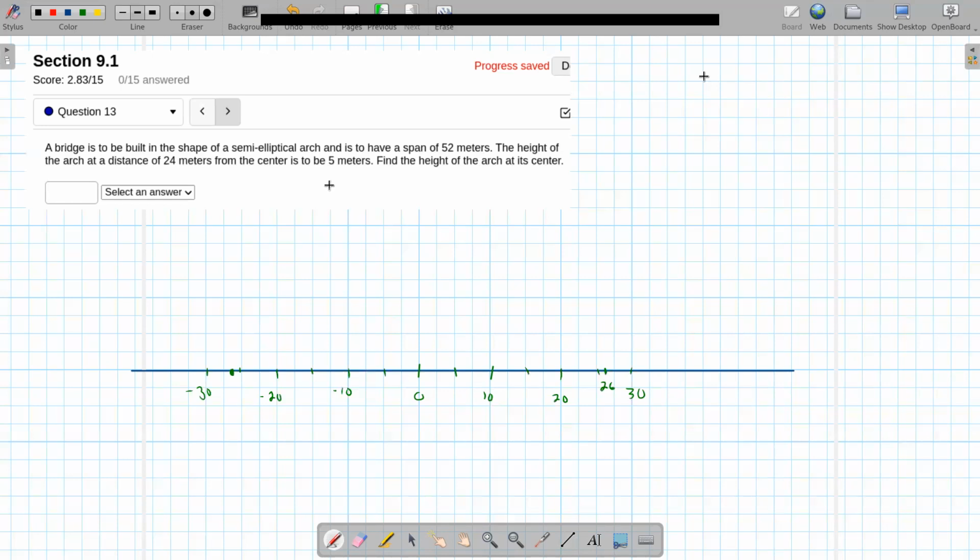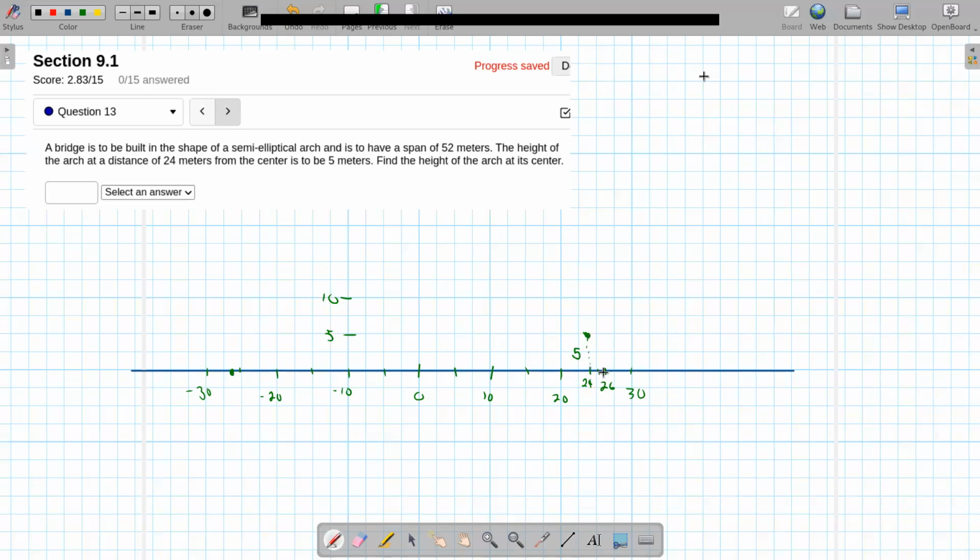And let's see, we don't know the height yet, so how far up we are on the minor axis, but we do know the height of the arch at a distance of 24 meters from the center. So there's 26, here's 24 is about right here, is going to be 5 meters. So we go through the point 24, 5 right there.